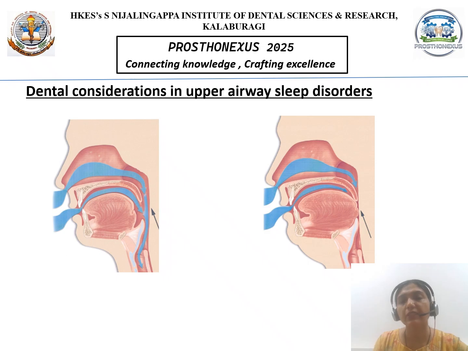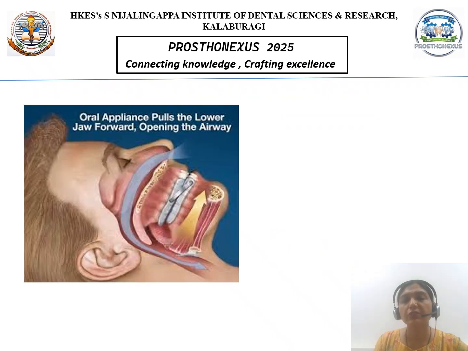There is no air circulation, because of which, I can show you this in the video, there is continuous stimulus from the brain, and it wakes the person up from his sleep to tell him that he has to move his tongue forward for better air circulation. So there is no proper sleep pattern followed, because of which the health deteriorates further.